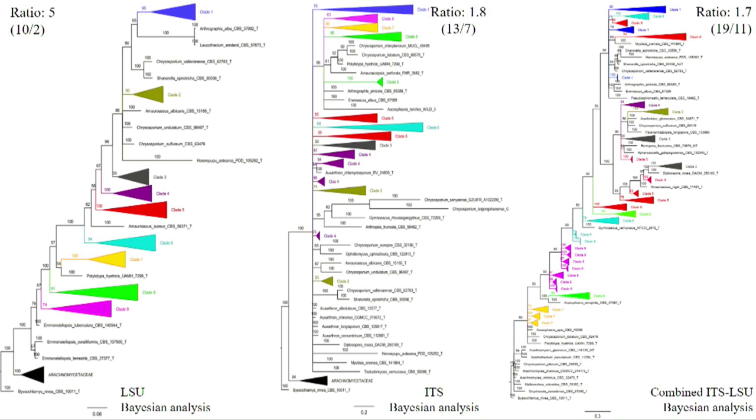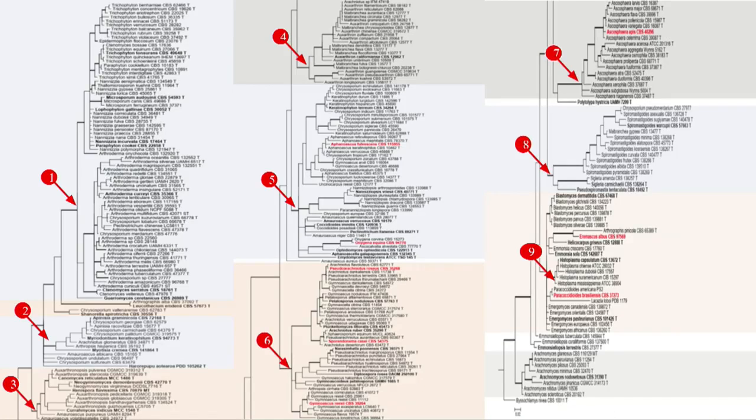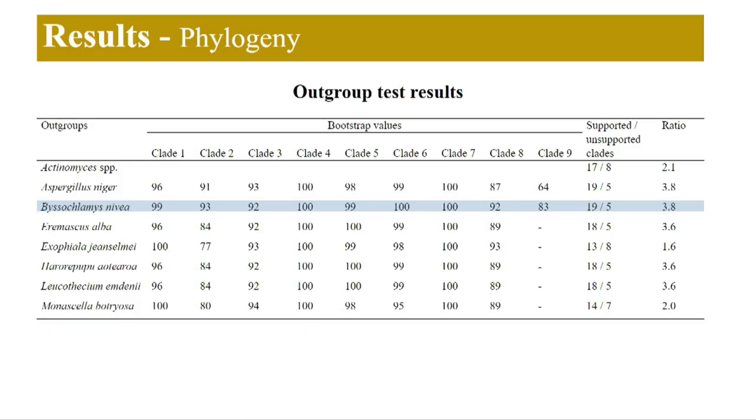And the other thing was the outgroup, which species would be the outgroup. So we tried different species from different orders, also the species in the same order which showed longer branches in the phylogenetic tree.